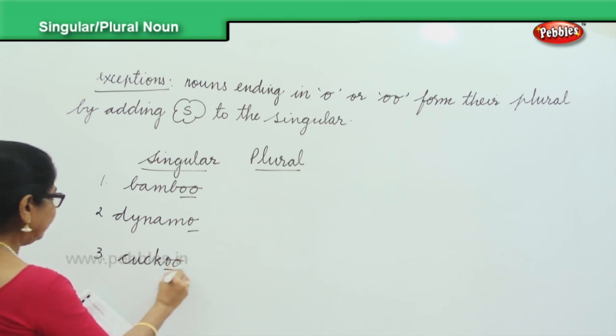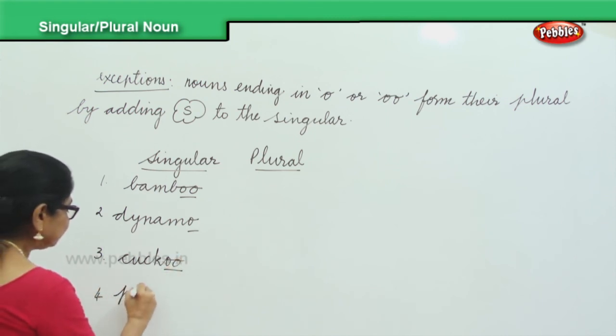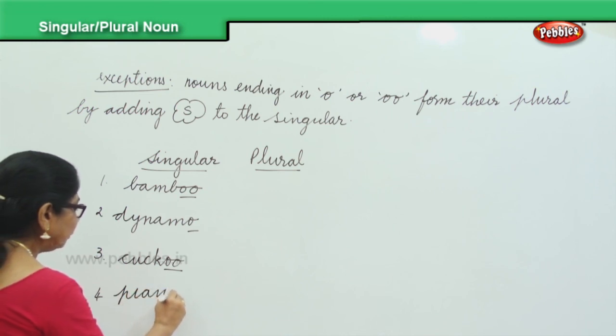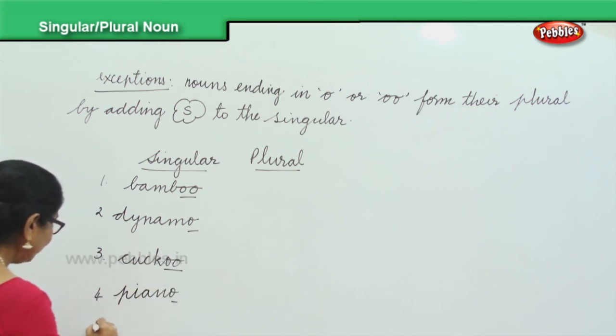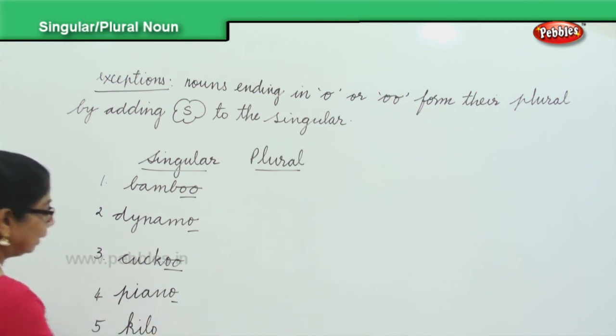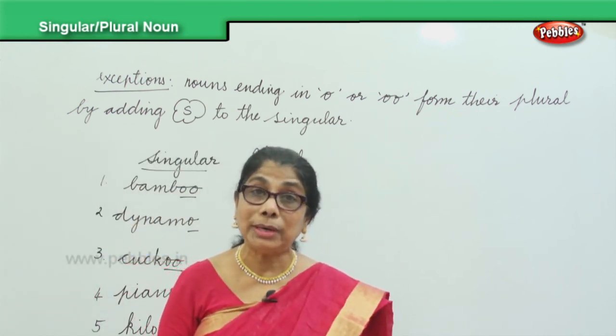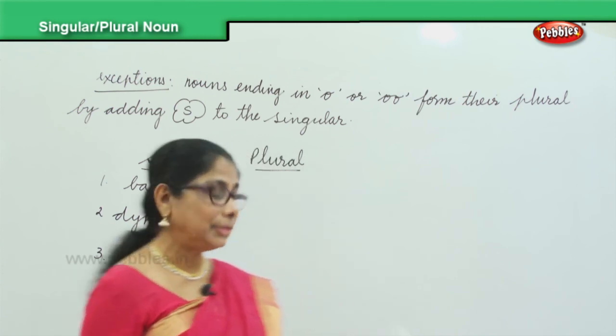Double O here. Then I have here piano. Piano, you have single O. And finally I have kilo. There are 5 exceptions and these form their plurals by simply adding S to the singular.